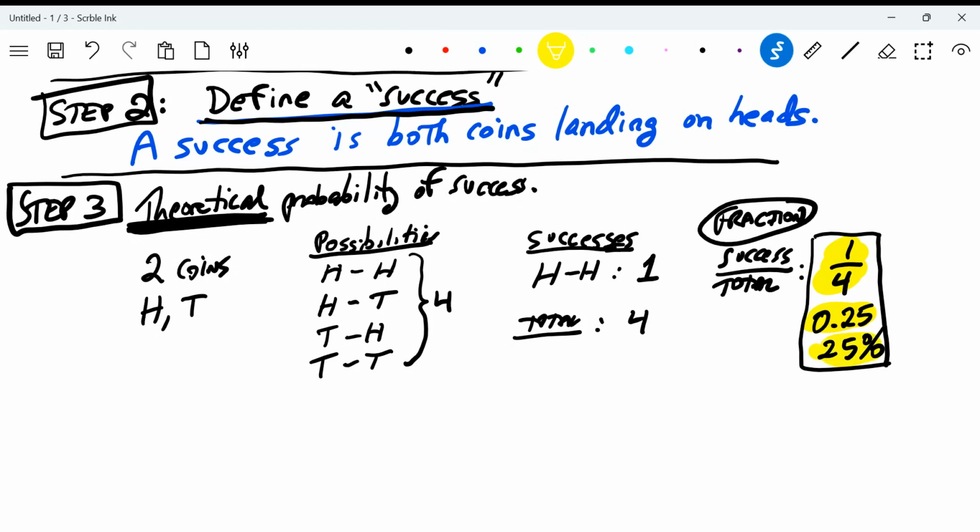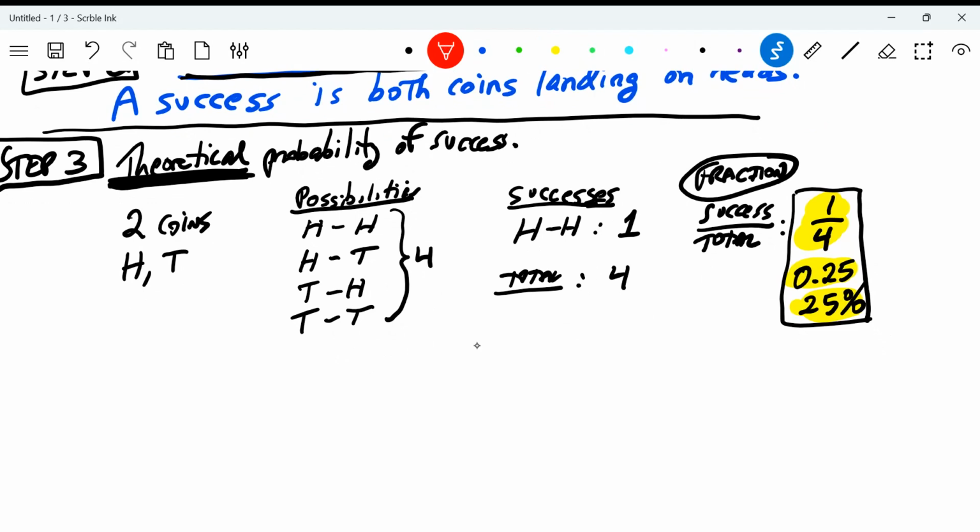Now conversely, I'm going to put this in red underneath it, is for failures. Failures are the opposite. If there's one success, that means there's 3 failures out of 4 possibilities, which can be seen as 0.75 or 75%.